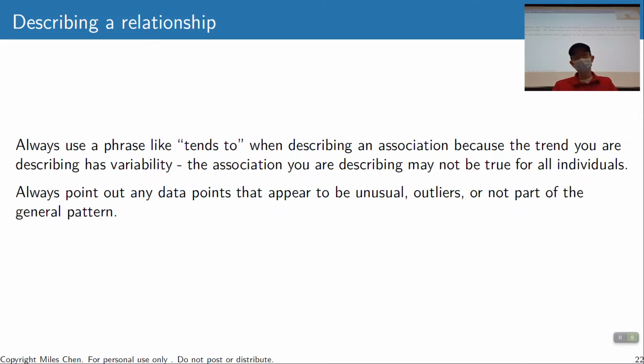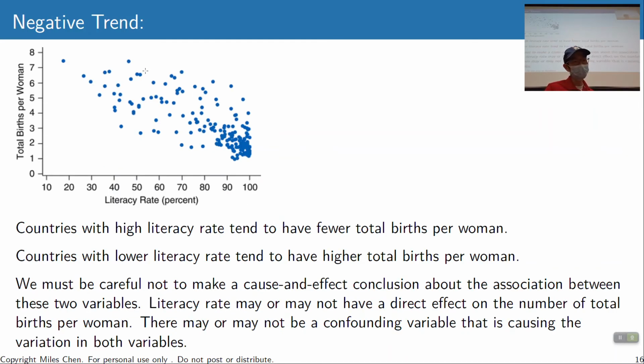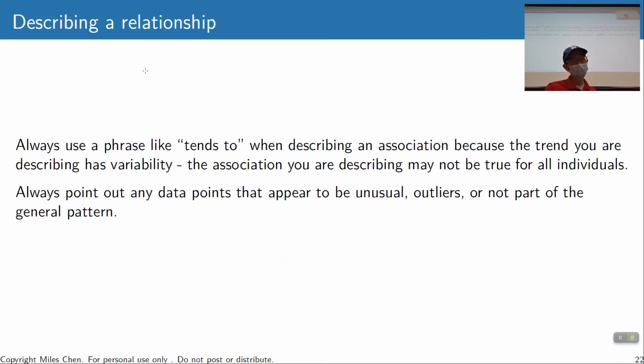Back here we had a vehicle that was old with relatively few miles on it. Here we had a vehicle that was relatively not old, but had many miles driven on it. So overall, there's a trend, but it's not going to be true for all individuals. And if there are any outliers, anything that's unusual, it's a good idea to point them out.